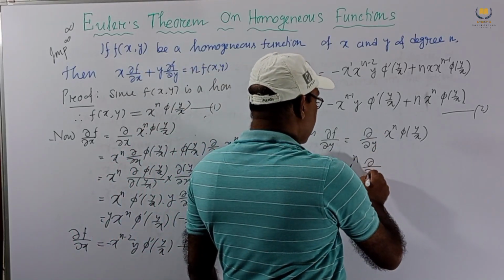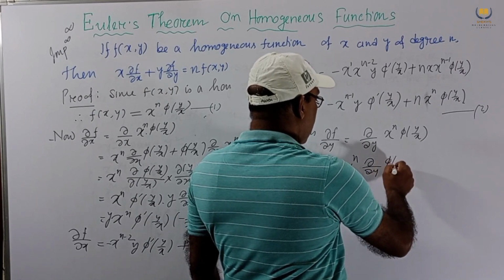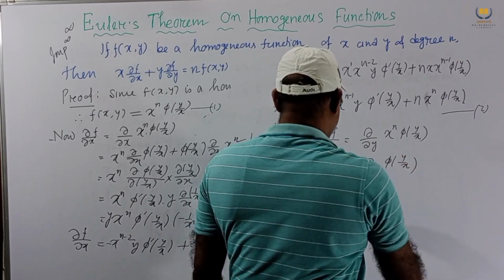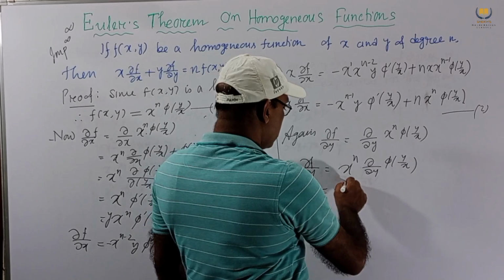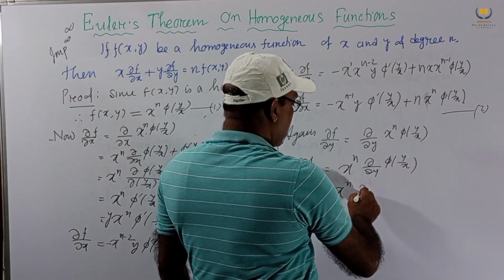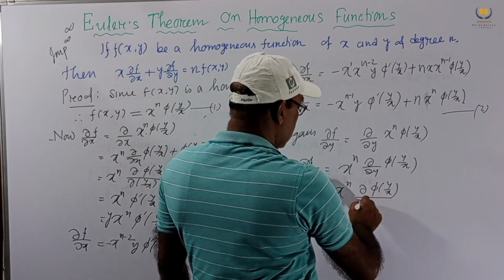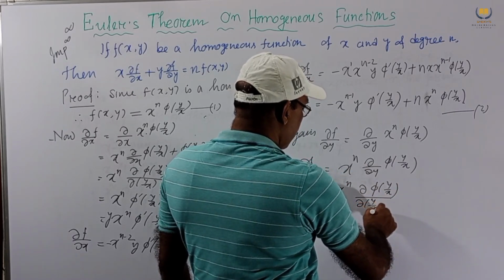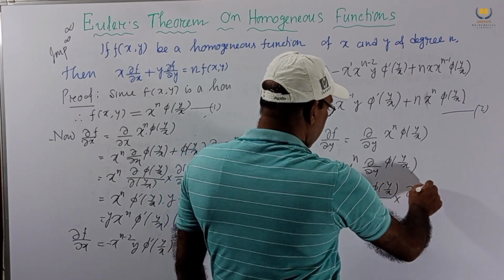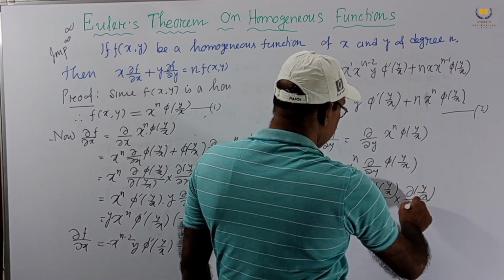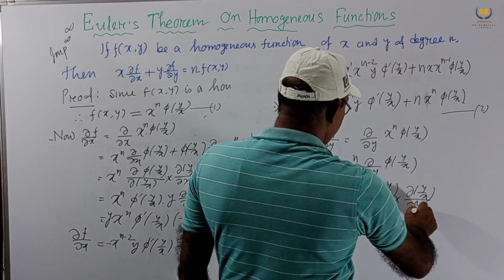We write x to the power n del phi of y by x by del y by x, into del of y by x by del y.